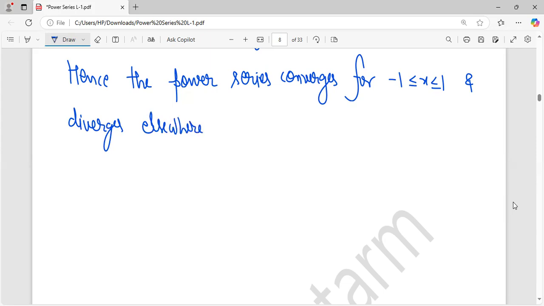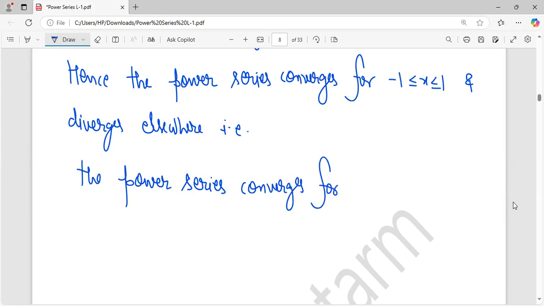So we can write like that. It means the power series converges if x is less than or equal to and diverges for.